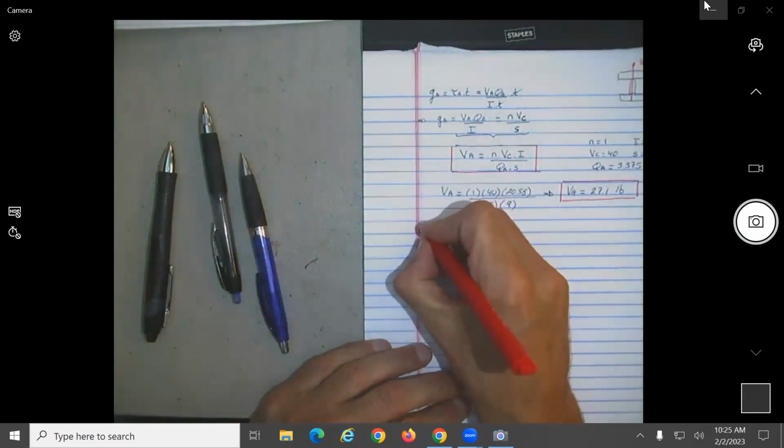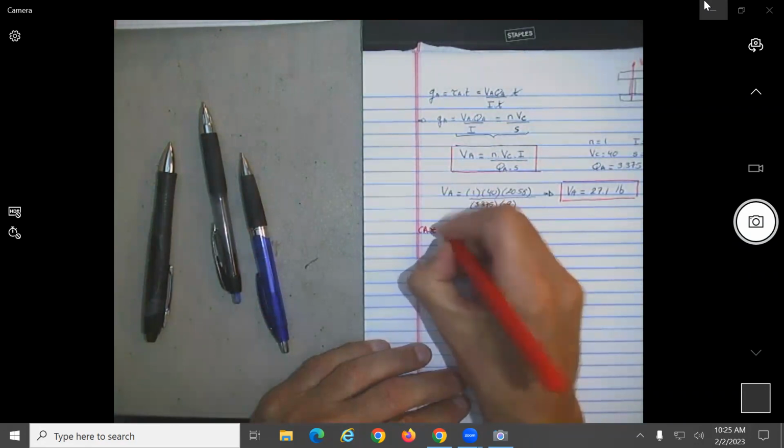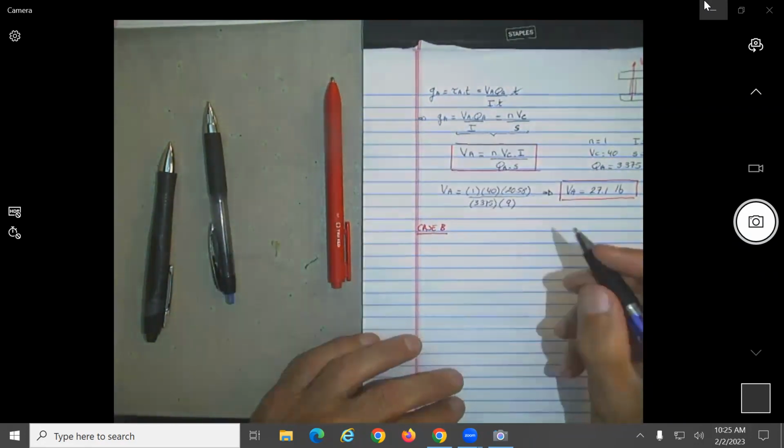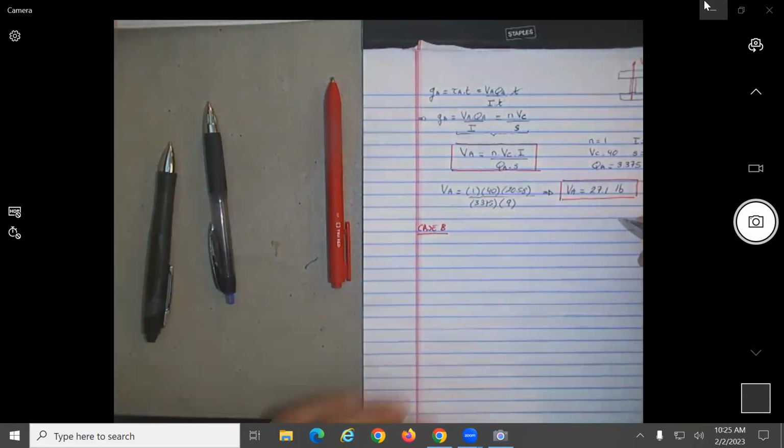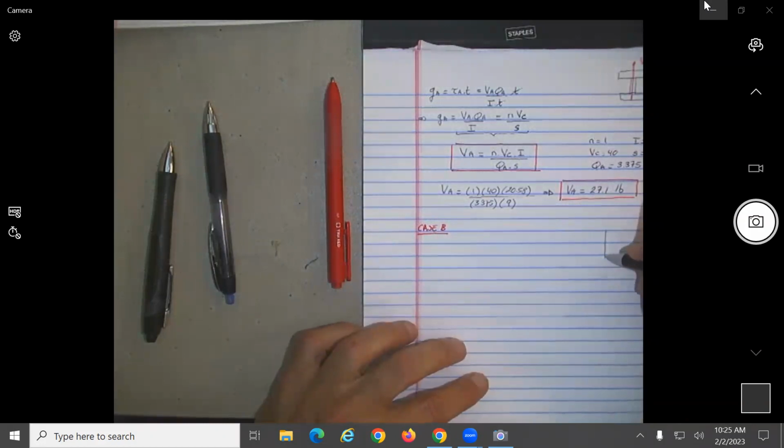Let's see if it would be any different if we do case B. Case B, this time we need to be very careful. I think it's the one where this piece is longer over here, and now we put nails on each side. Obviously I'm not doing this to scale at all.